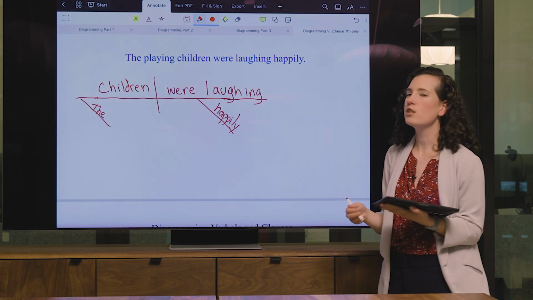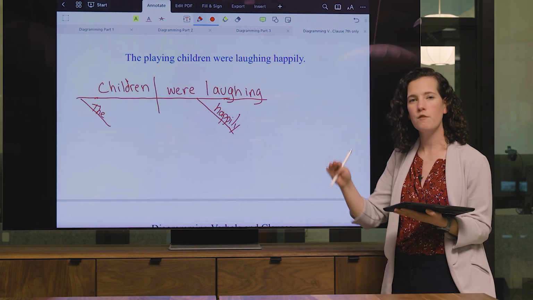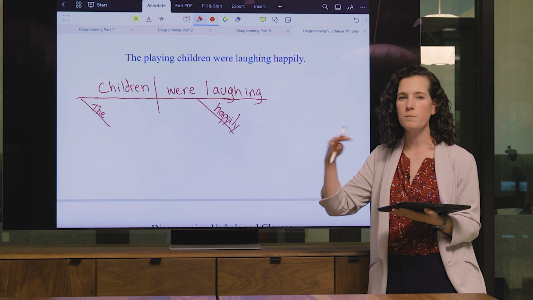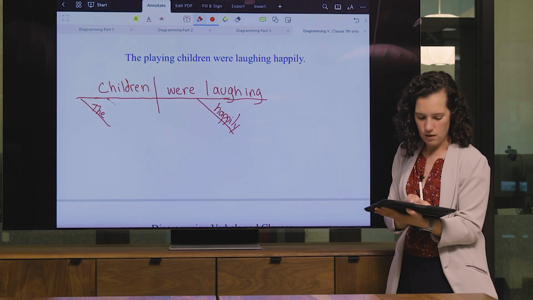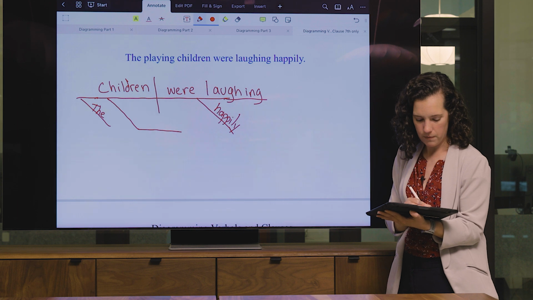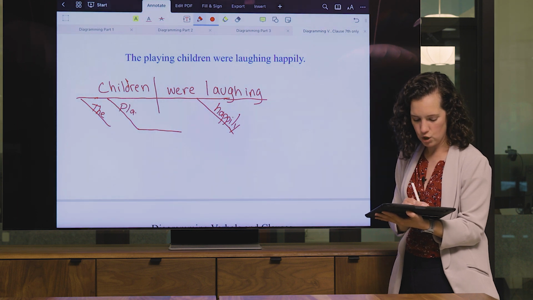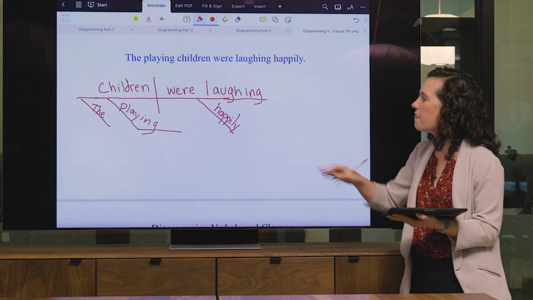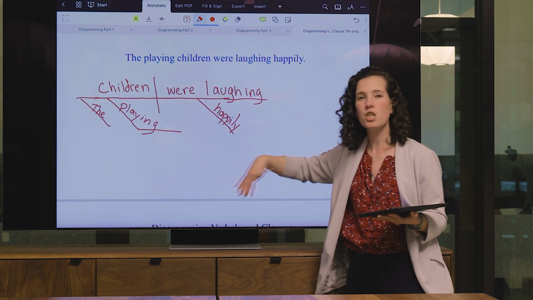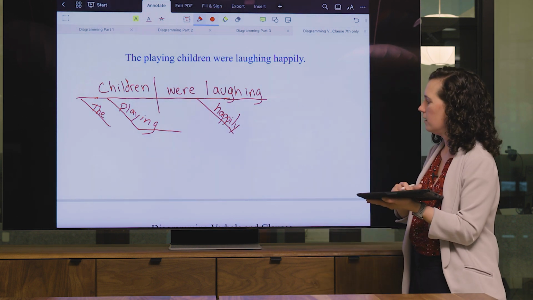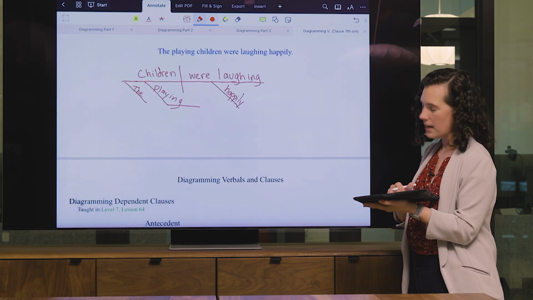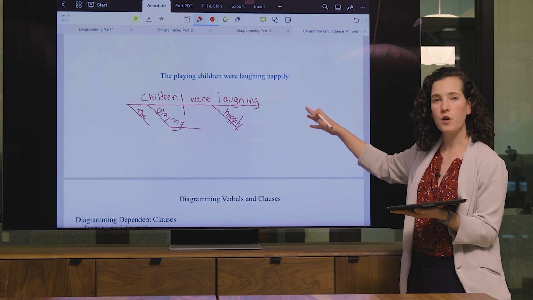And then playing describes the children, so it's an adjective, but it's also a verb. It is both describing them and showing what they're doing. So it is a participle, and we diagram it in this shape. That shows us that it is both an action and an adjective at the same time. That is all our lessons on verbals.